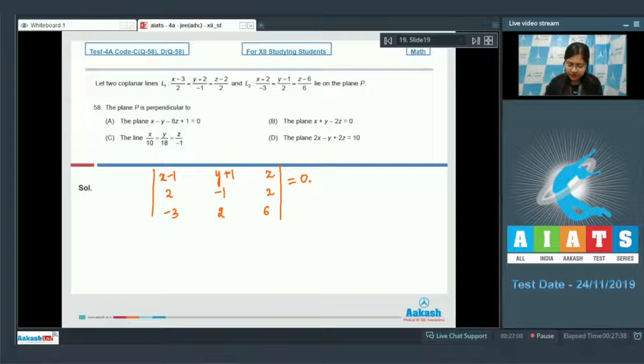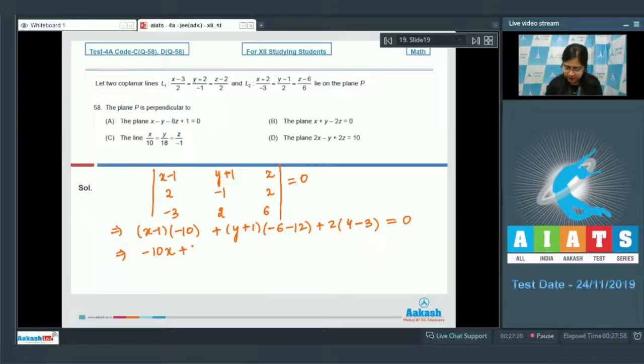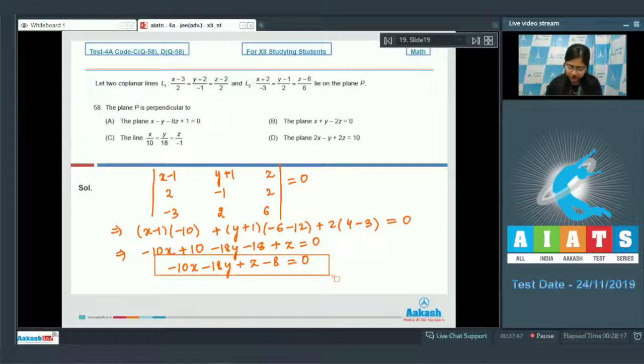So this equal to 0 will give us equation of the plane, and that is x minus 1 into minus 6 minus 4, that is minus 10, plus y plus 1 into minus 6 minus 12, plus z into 4 minus 3. This is equal to 0, which gives us minus 10x plus 10 minus 18y minus 18 plus z is equal to 0. That is minus 10x minus 18y plus z minus 8 is equal to 0. This is the equation of the plane.